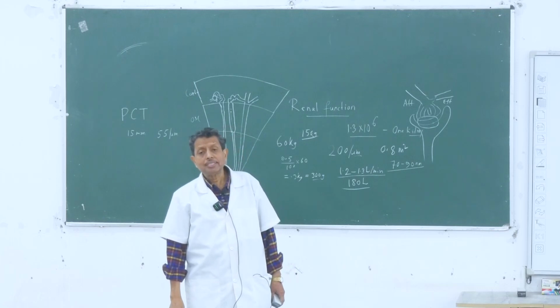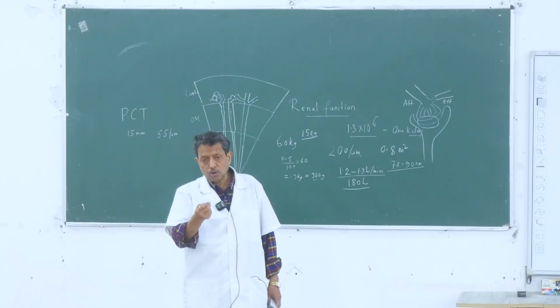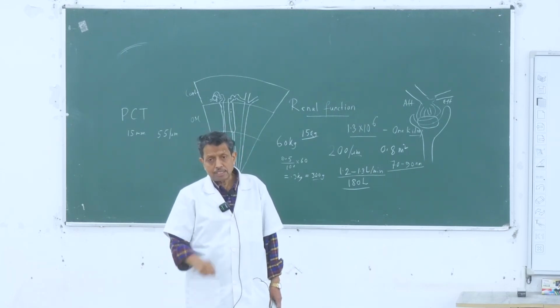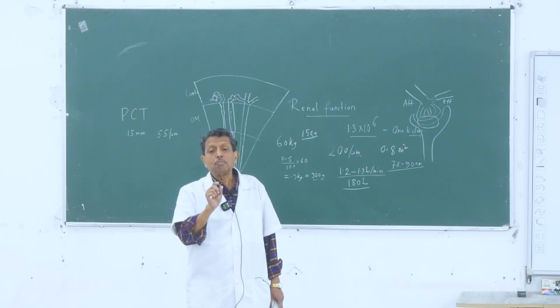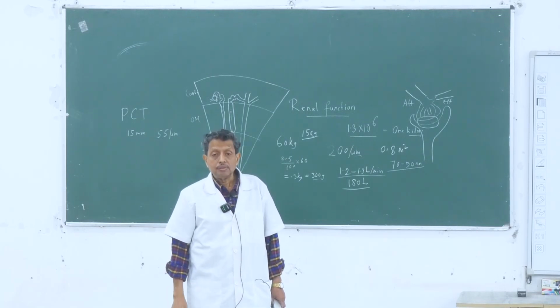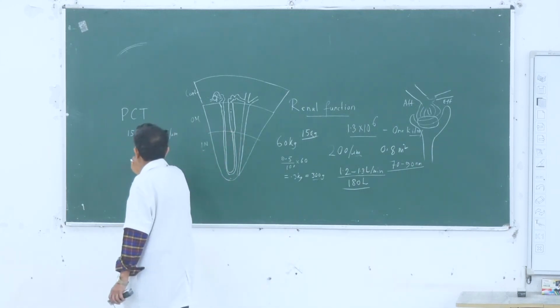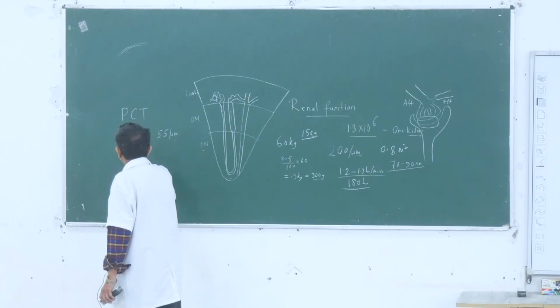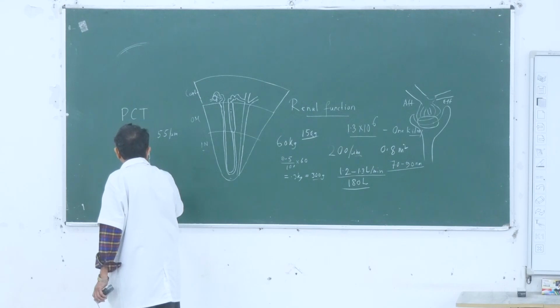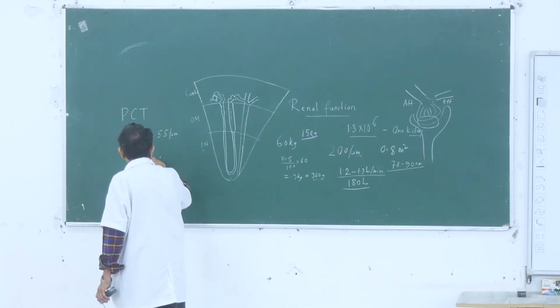For this purpose, like small intestinal epithelial cells, they have a brush border. The cells are cylindrical and have this brush border, and they have interdigitation with the neighboring cells and apical tight junctions.